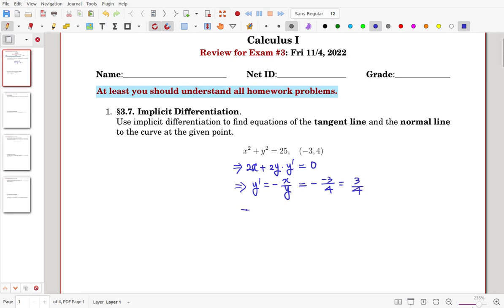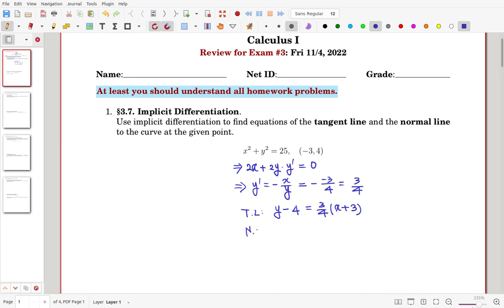So the tangent line becomes y minus y0, which is 4, equals the slope 3 over 4, times x minus x0, x minus -3, which is x plus 3. So that is the tangent line.